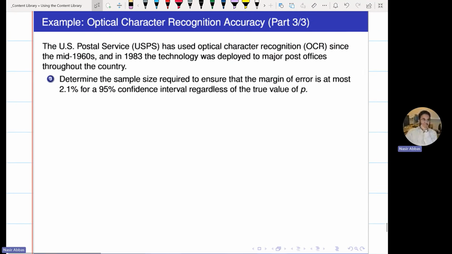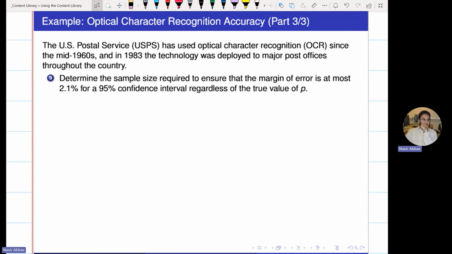Read the next part very carefully. There is no calculation, we'll just plug in. Determine the sample size required to ensure that the margin of error is at most 2.1% for a 95% confidence interval, look at the last statement. Regardless of the true value of P. In this case, what will you do?